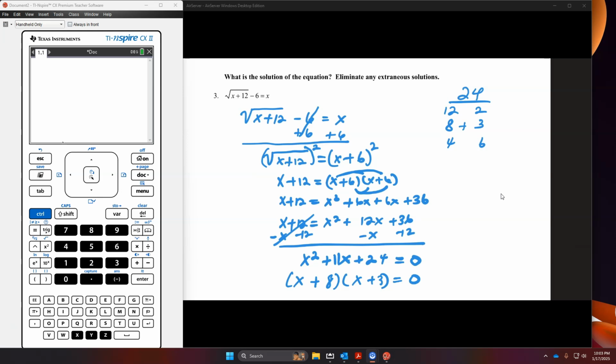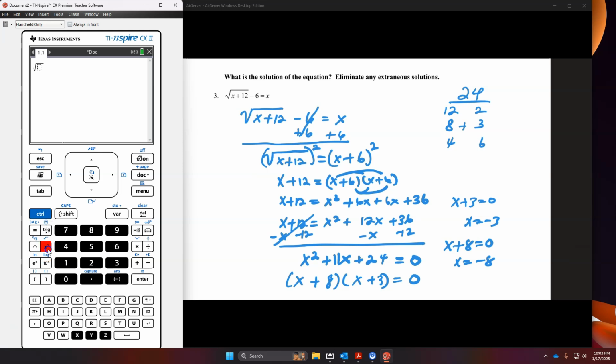And then the last step is just to set each of them equal to 0. So you have x plus 8 equals 0, so x equals -8. And the other answer is x plus 3 equals 0, so x equals -3. Now remember, you've got to check for extraneous answers.